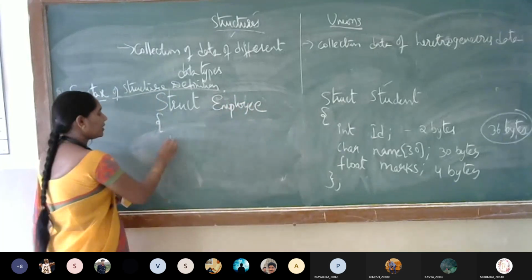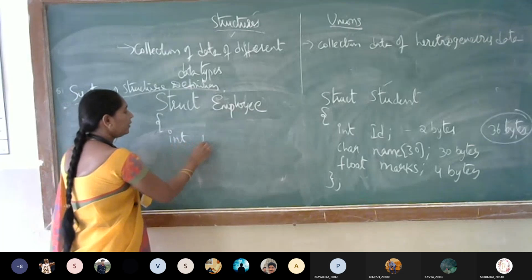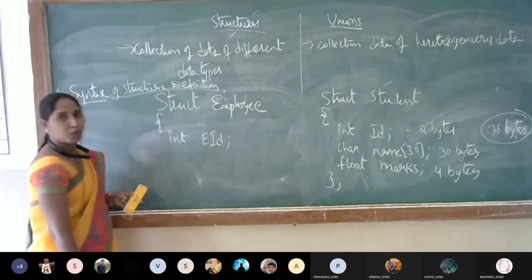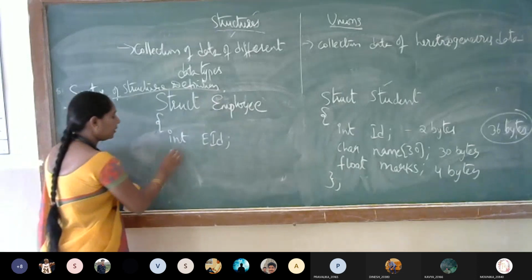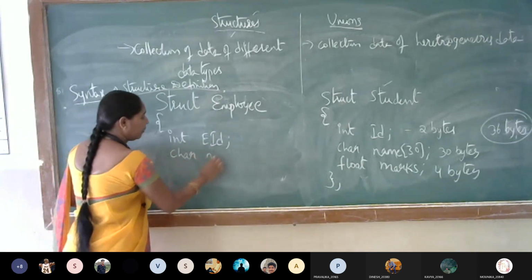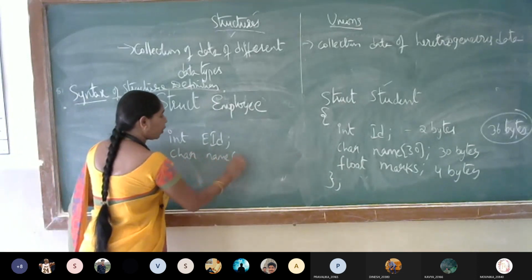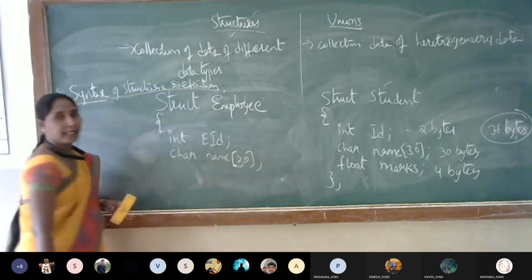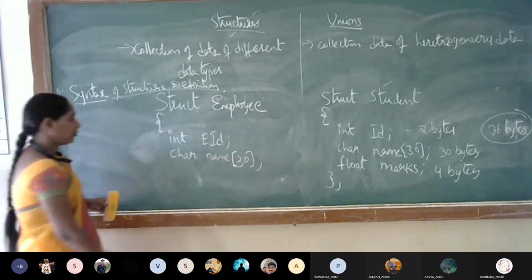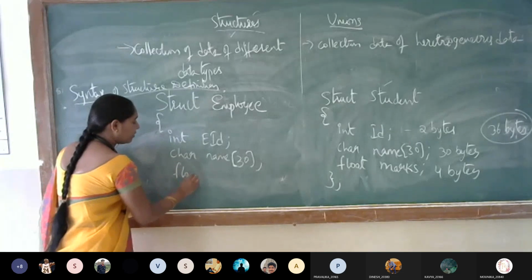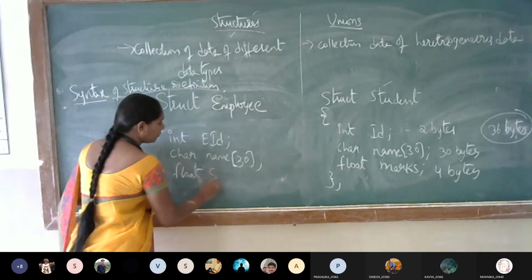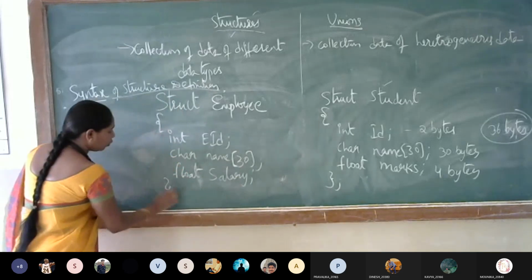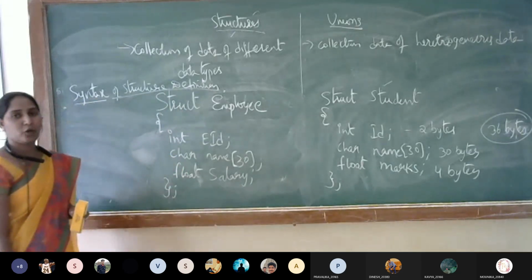Then opening curly braces, then I'll specify int EID, the employee ID, then char name, the name of that particular employee, then the salary of that employee. So salary will be specified as float salary. Then close the curly braces and terminate with a semicolon.